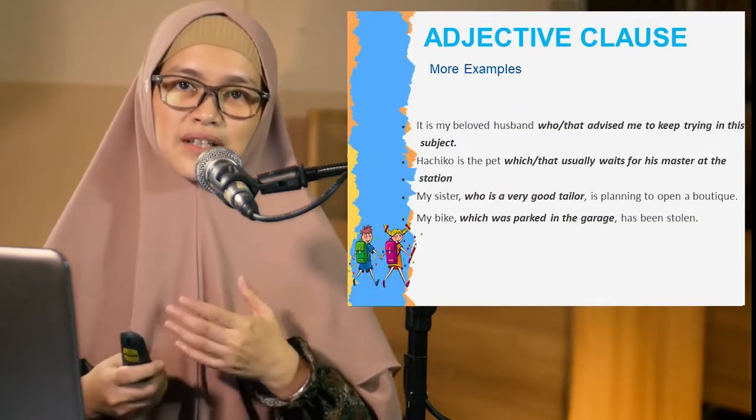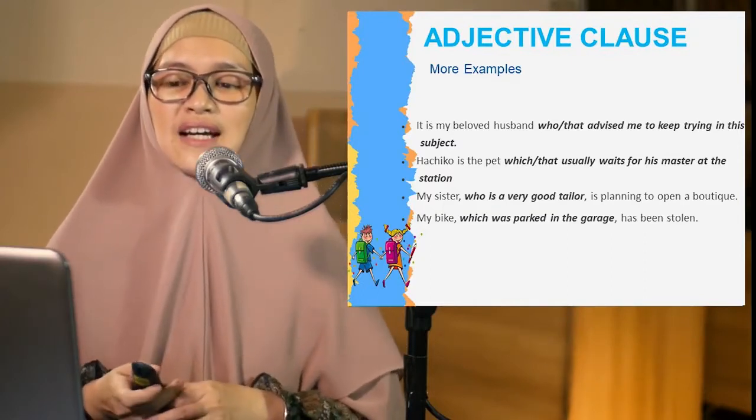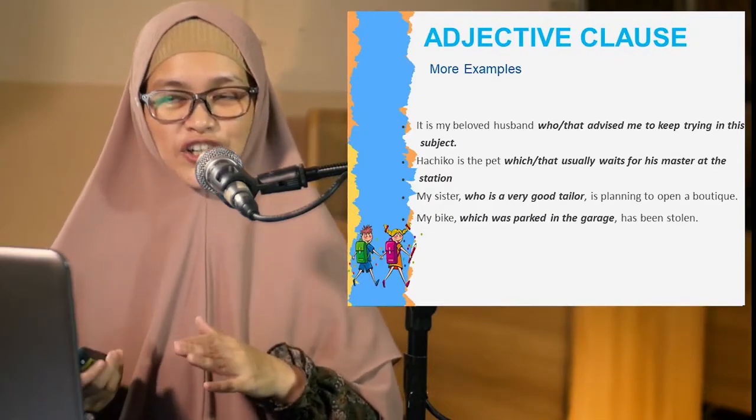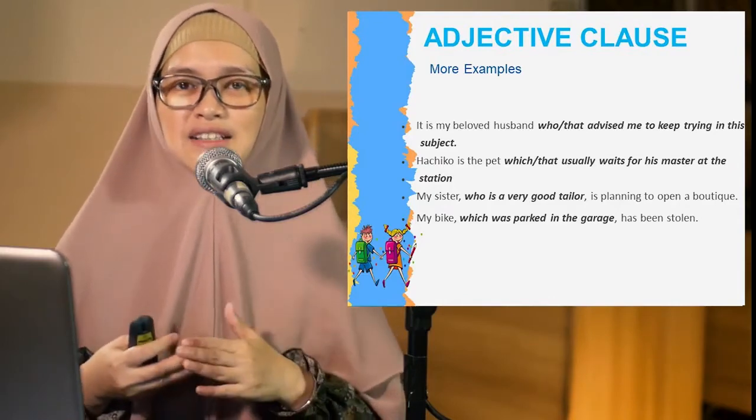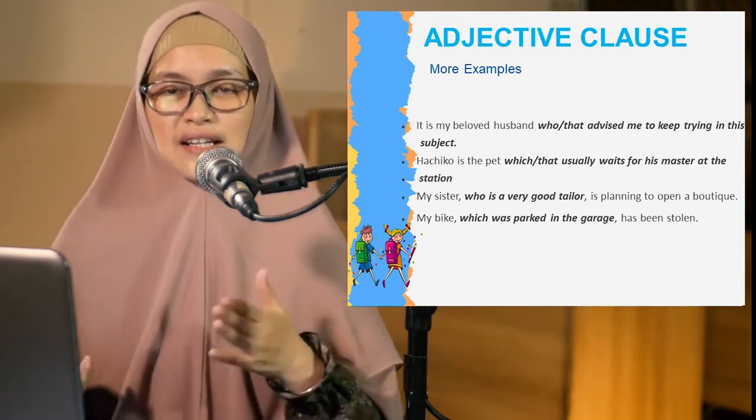These are extra examples of adjective clauses. We can see here the defining relative clause and the non-defining one. Let's see here.